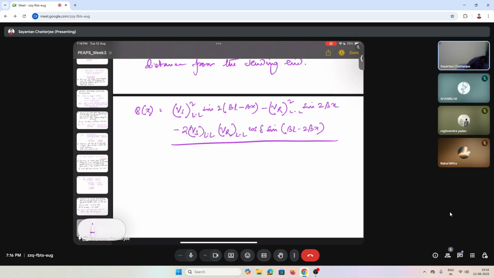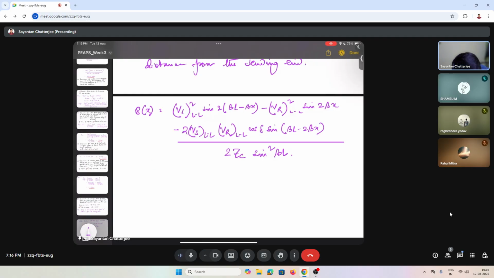This whole divided by 2 Zc squared. So just plug in these values.